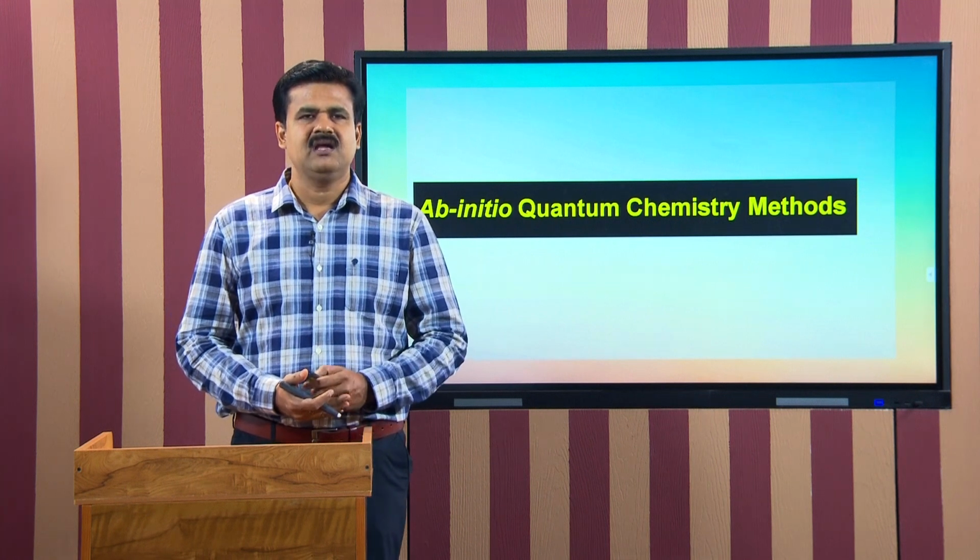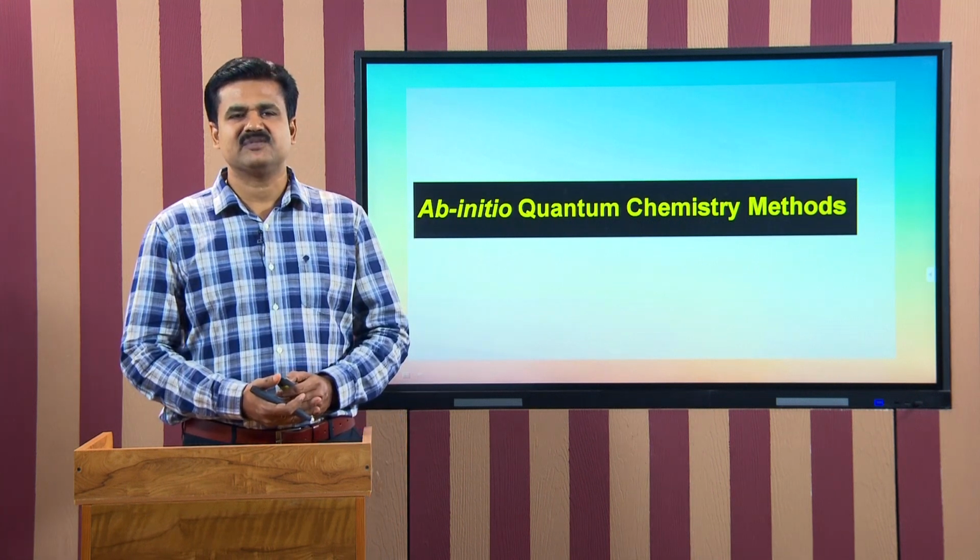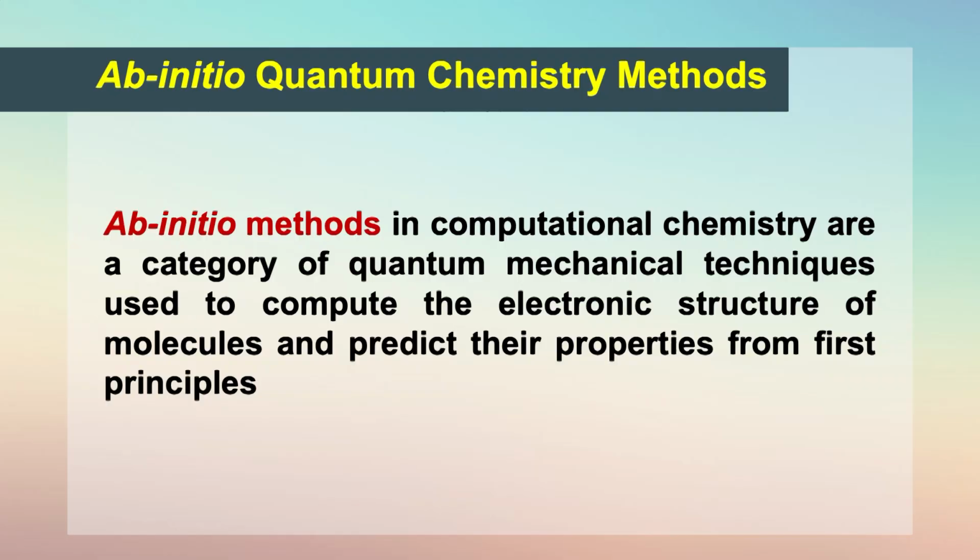First of all, ab initio quantum chemistry methods. Ab initio methods in computational chemistry are a category of quantum mechanical techniques used to compute the electronic structure of molecules and to predict their properties from first principles.